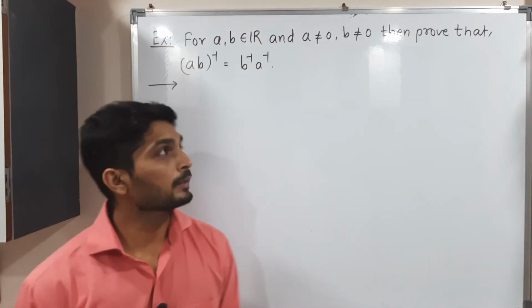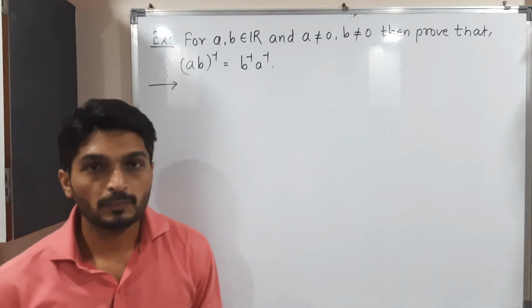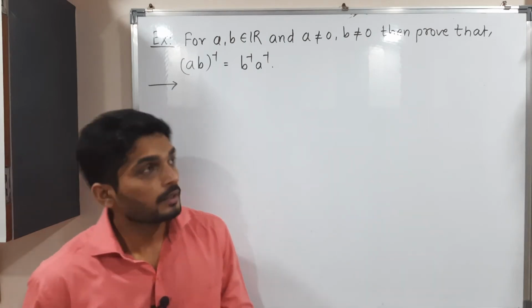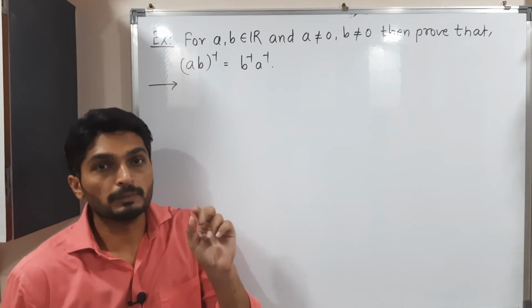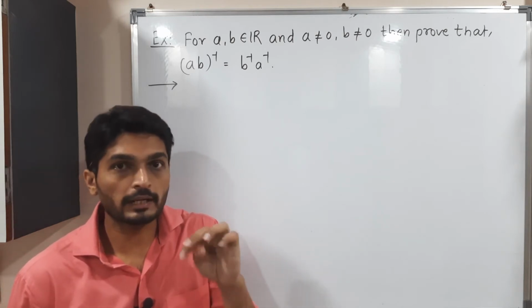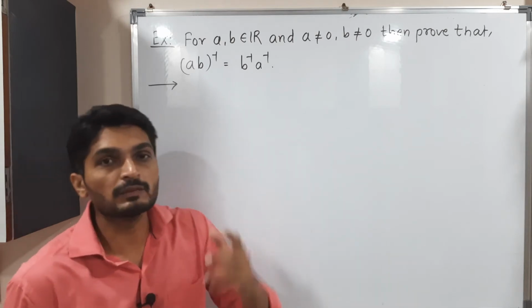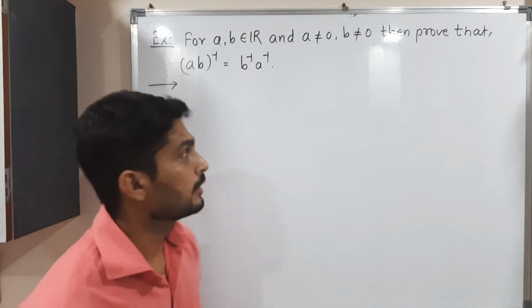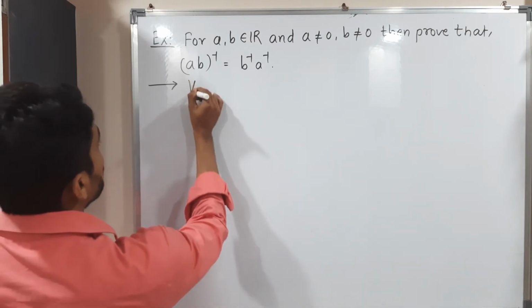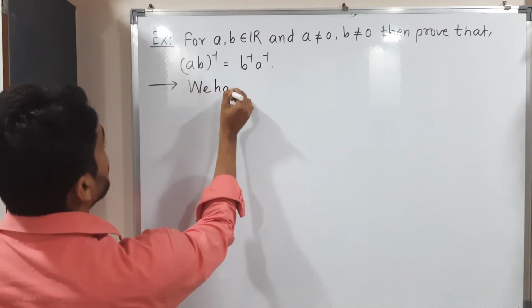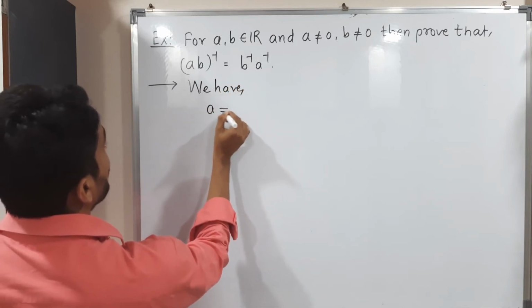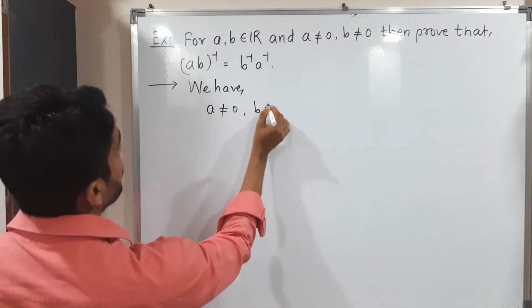In this example, what we have to prove is, if a and b, both of them are non-zero, then what is the inverse of a into b? That means first we take the product and then we take the inverse, which is equal to b inverse a inverse. This thing we have to prove. So I will start with the given thing: a not equal to 0, b not equal to 0.